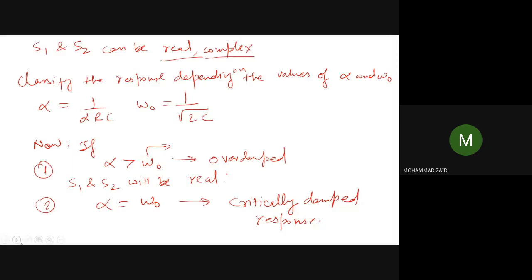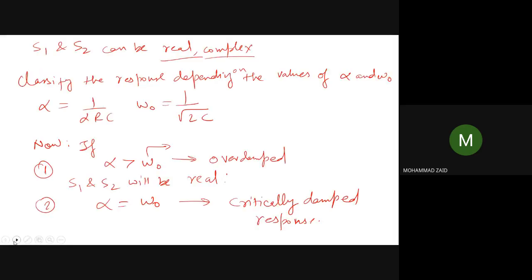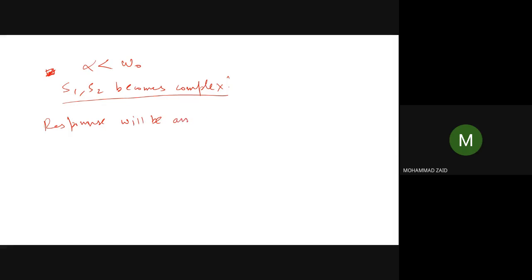And the third condition, which is most popular, is when alpha is less than omega naught, in which S1 and S2 become complex. So if S1 and S2 become complex, then the response will be an underdamped response.